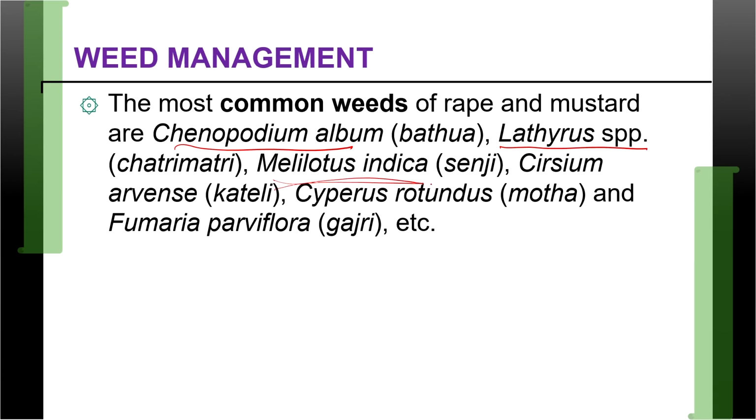There are two kinds of senji. Melilotus indica is yellow senji and Melilotus alba is white senji. Then Cirsium arvense, Kateli, Cyperus rotundus, Motha, and Fumaria parviflora, etc. These are a few names. There can be many more weeds in rapeseed and mustard.